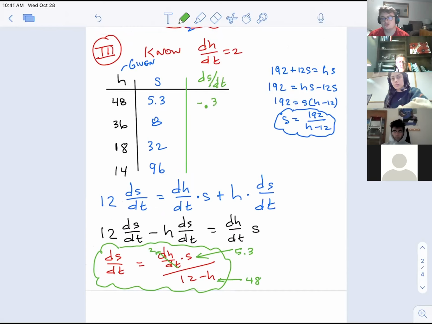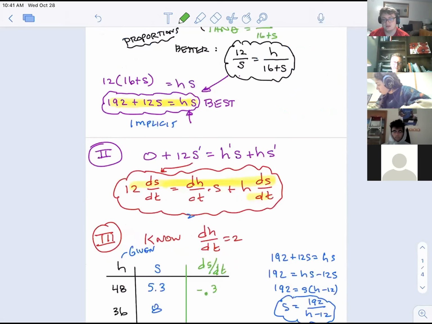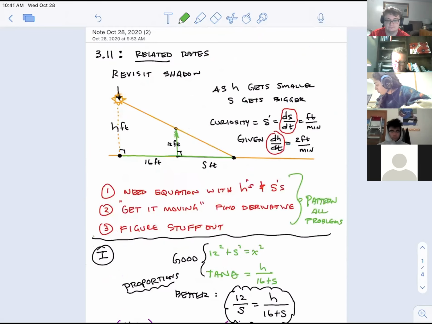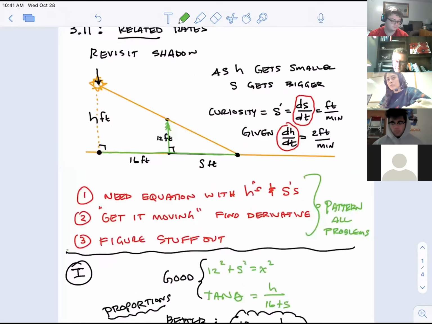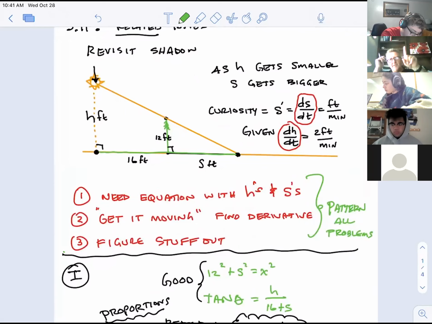Wait, negative? Shouldn't dh/dt be negative because the sun is going down? Yeah. Now I did this on accident in my 8 o'clock class, but if dh/dt is positive, does it make sense? That's implying the sun's going up in the sky, not down. Does that make sense? So that's why it's negative.